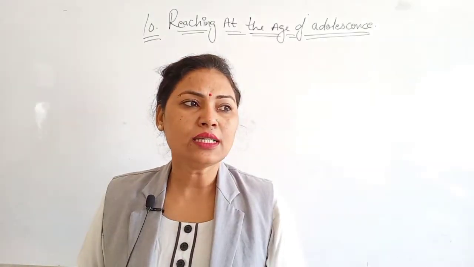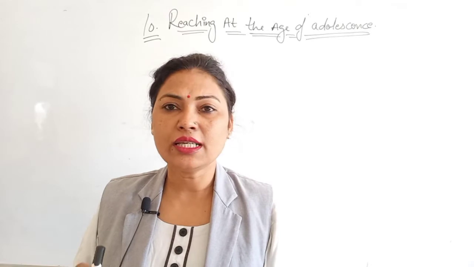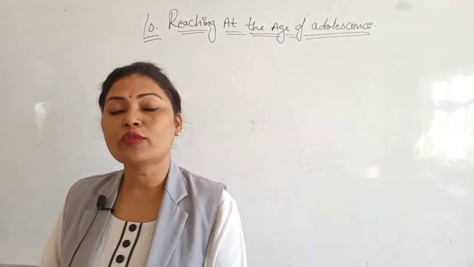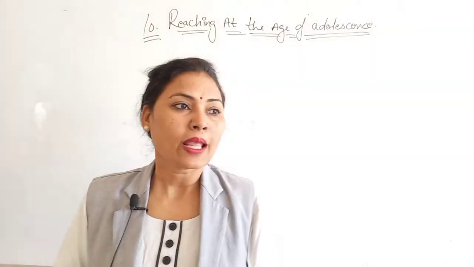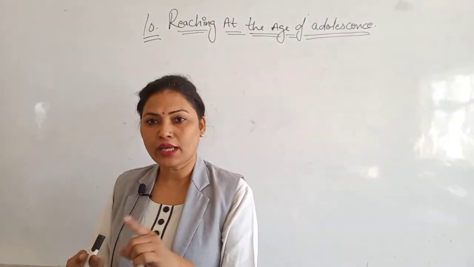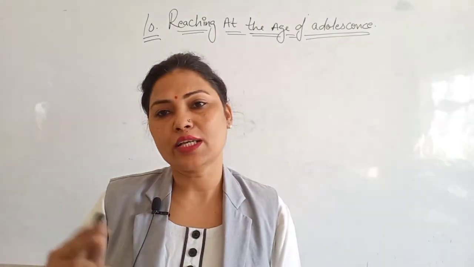Okay, and this single pair of chromosomes, the last one, the 23rd pair, is known as the sex chromosomes, and these chromosomes are named X and Y. In case of females, this pair of chromosomes is similar and denoted as XX. Males have one X chromosome and one Y chromosome, that is XY.